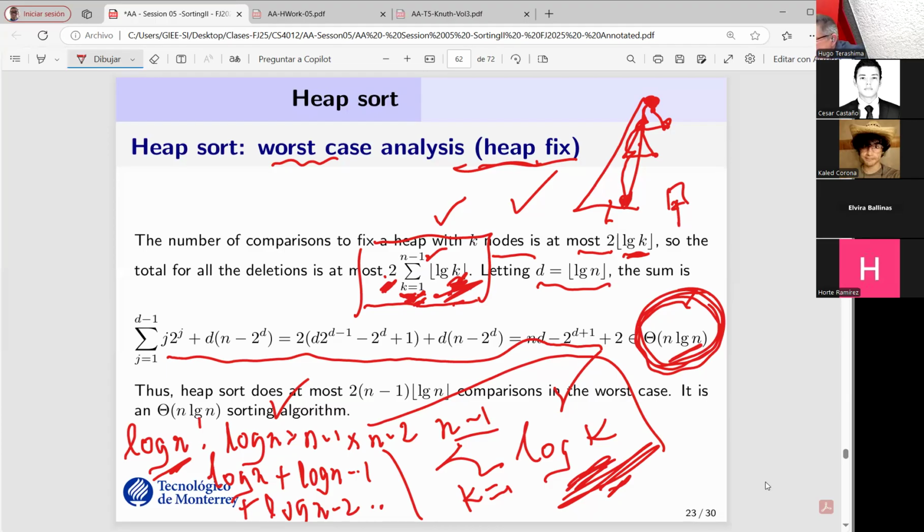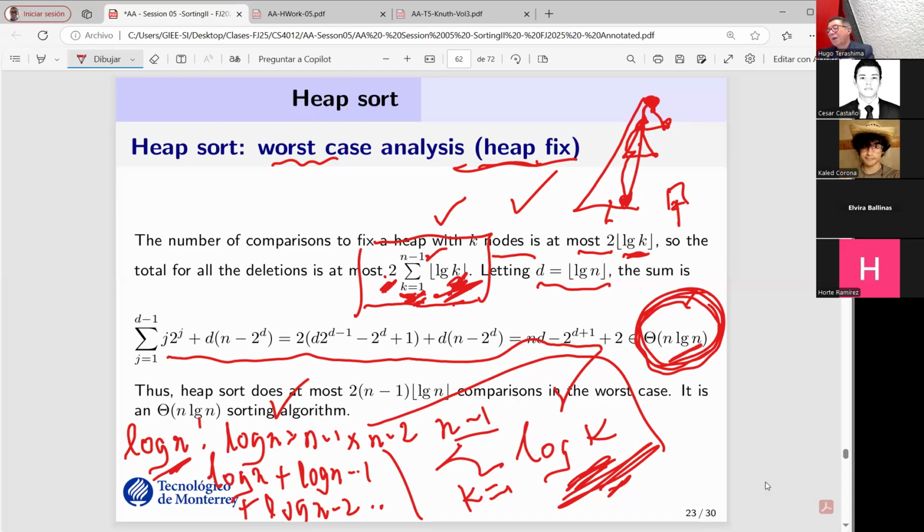But I have 2 phases here. The construction goes from bottom to top, from smaller subtrees up to the large heap. It makes sense because of the construction complexity: you have more smaller subtrees with a small height, and as you increase the size, you have fewer trees.